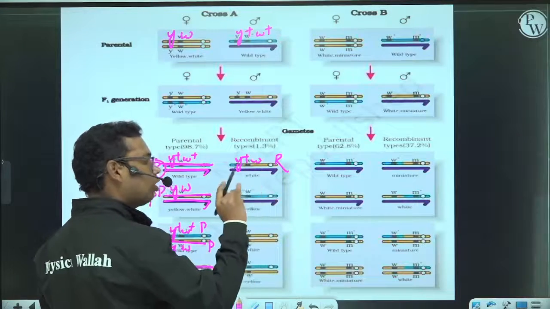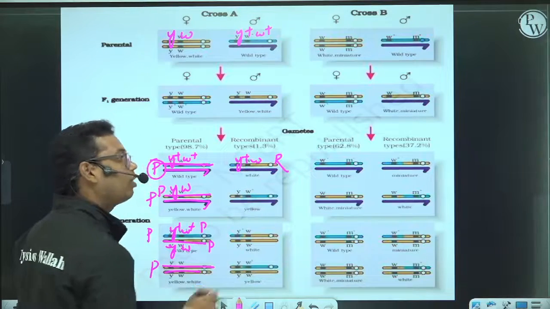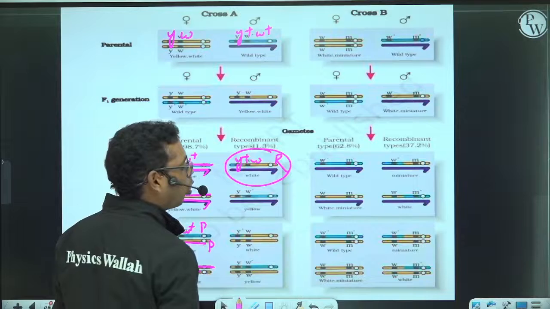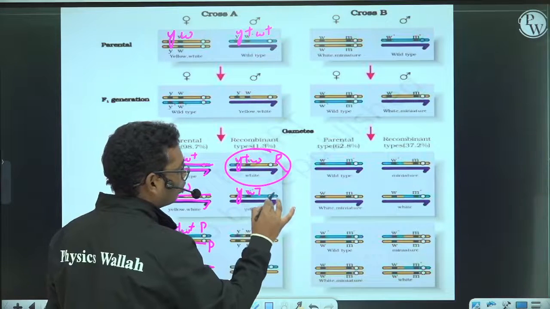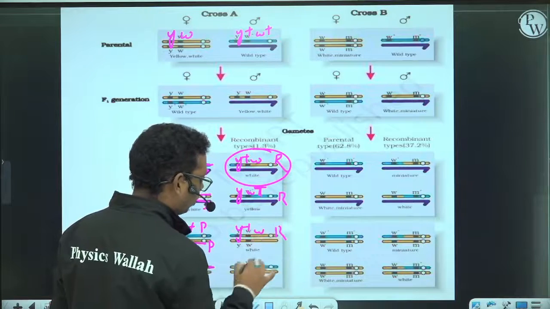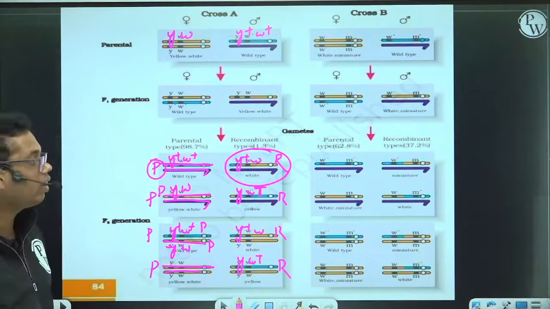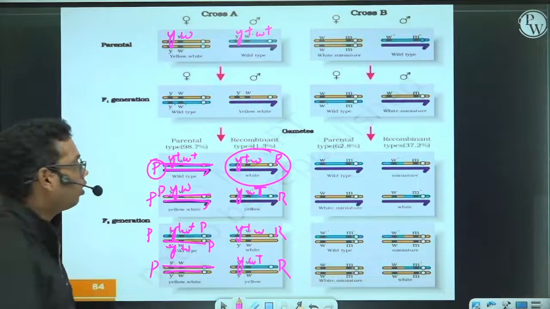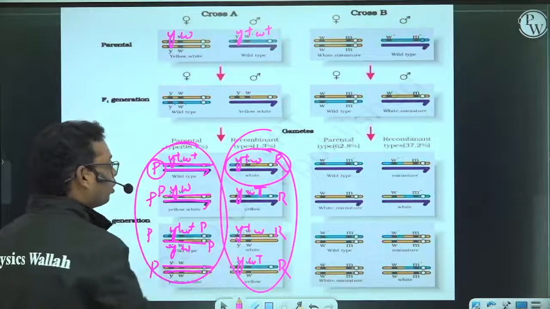So if both chromosomes or one chromosome is recombinant type, then this individual will be recombinant. Here also this will be recombinant because this is y and this is w plus. Y plus and w is also recombinant, and y and w plus is also recombinant. So how many recombinants do I get? I get 4 types of recombinant. All of these are recombinant types, and all of these are the parental combinations.